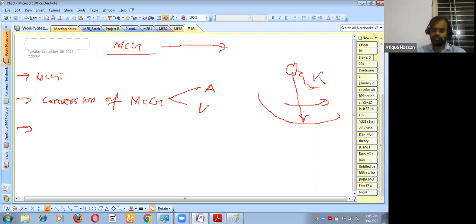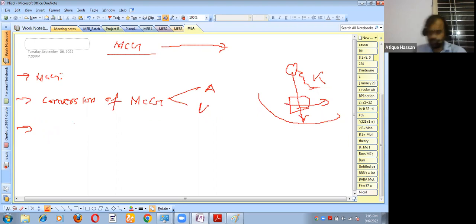When this coil moves, a restoring torque develops within the arrangement of the coil. So the deflection is directly proportional to the torque acting on the coil, right?